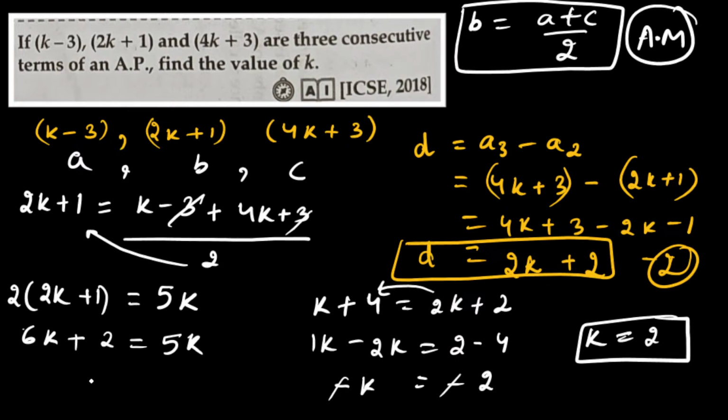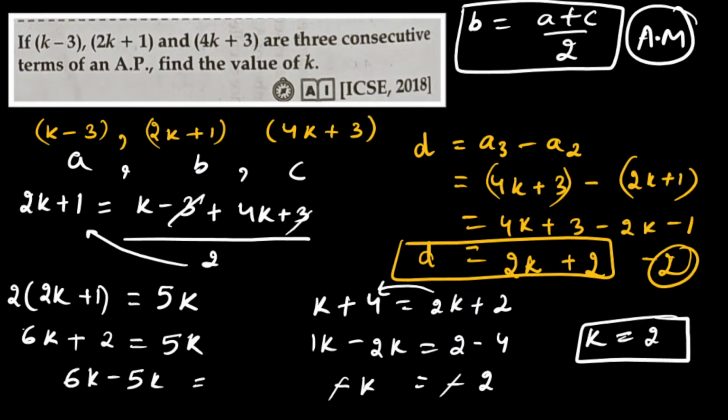Did I write anything wrong? 2K plus 1 is equals to K minus 3 plus 4K plus 3. 3 and 3 got cancelled, 5K by 2.